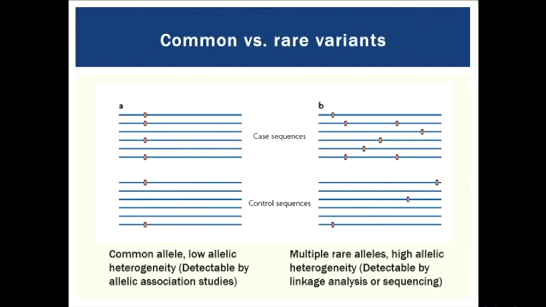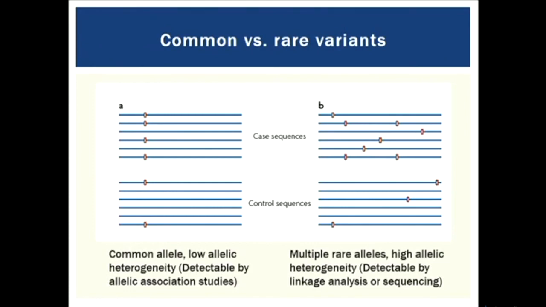So what I mean by the common variant idea is that if each one of these lines represents a gene, or a sequence of DNA, you might have a situation where there's a variant which is always at the same position, and it's simply found more often in cases than in controls.